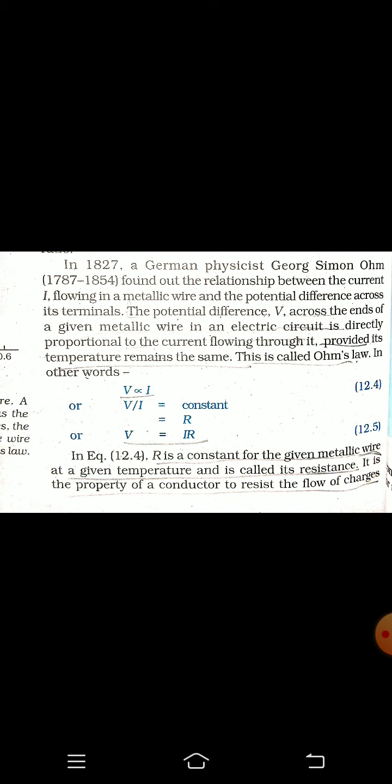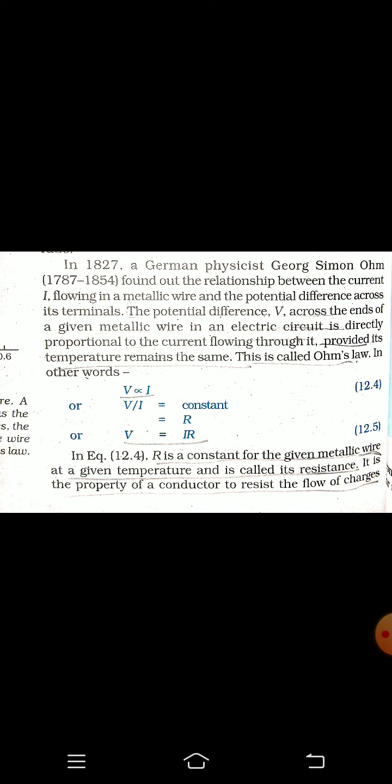What is this resistance? It is the property of a conductor to resist the flow of charges through it. From the word itself we can remember resistance. Here the word resist is used, which means to resist, to stop.